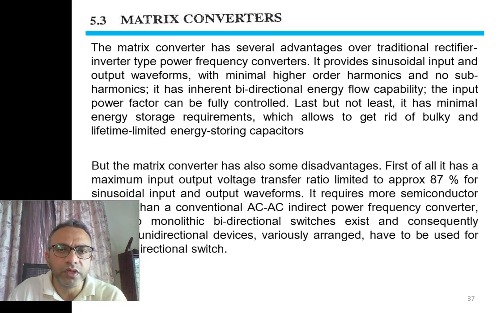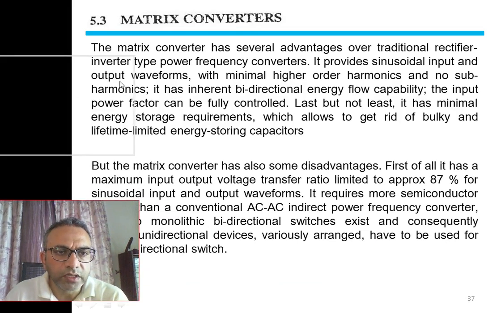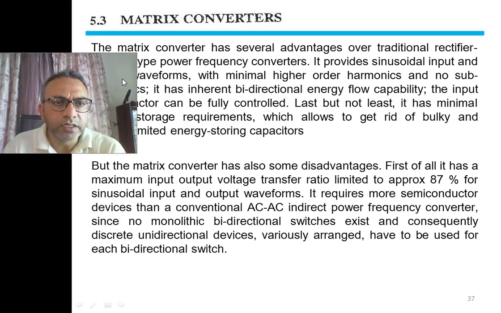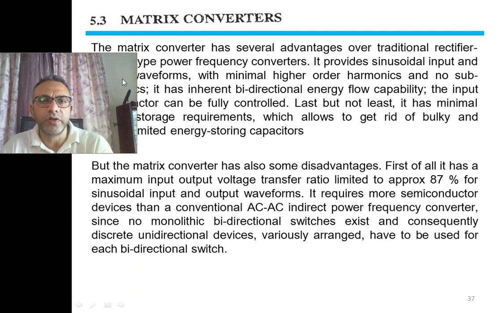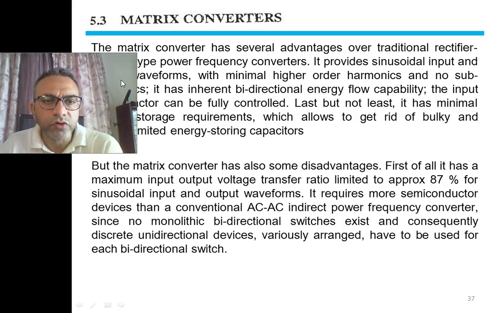Now we come to a few disadvantages. The matrix converter also has some disadvantages. First of all, it has a maximum input voltage transfer ratio limited to approximately 87% for sinusoidal input and output waveforms.